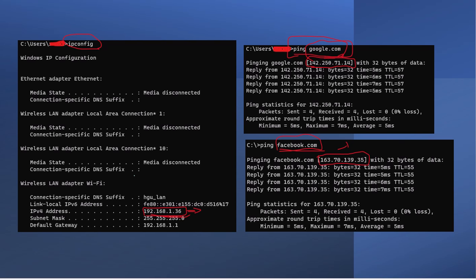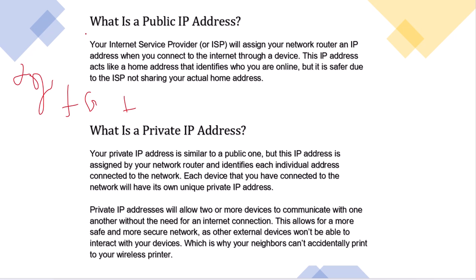So let's see what IP addresses are and how they are used. As I said already, public IP addresses are mostly used by the ISP, the Internet Service Provider, and they have those public IP addresses. It's usable only for particular applications or a particular network.